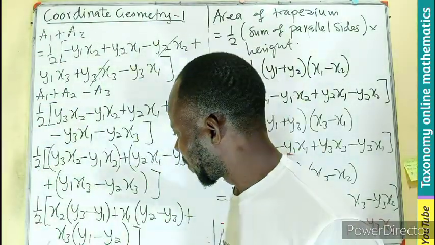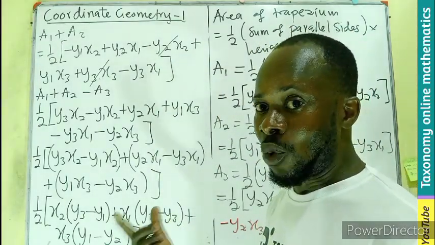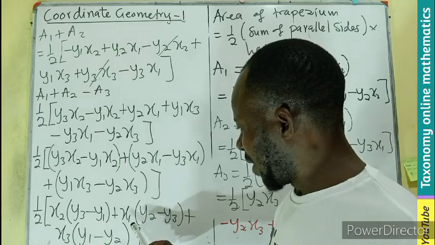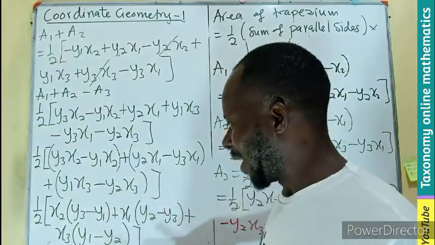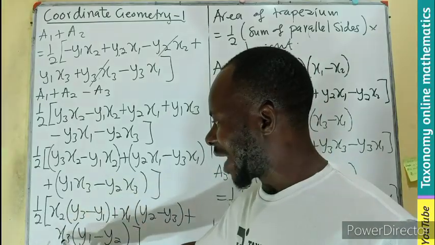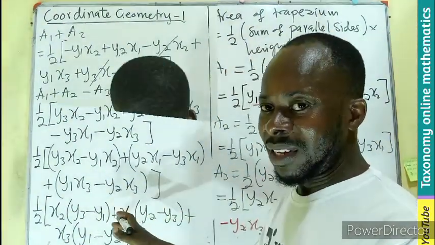If you look at it carefully, we are having all the coordinates for x and y. Because I can see, I'll rewrite this with the x1 coming first, x2, then x3. So x1, x2, x3, y1, y2, y3, they are all present here.